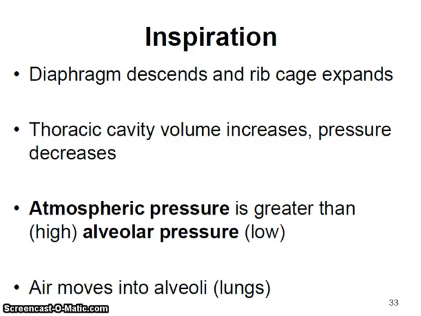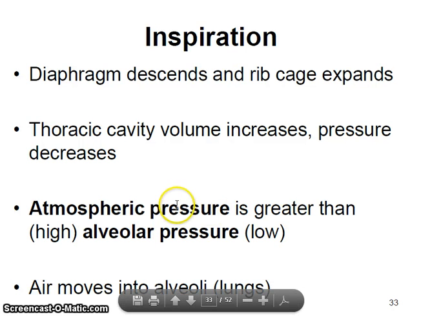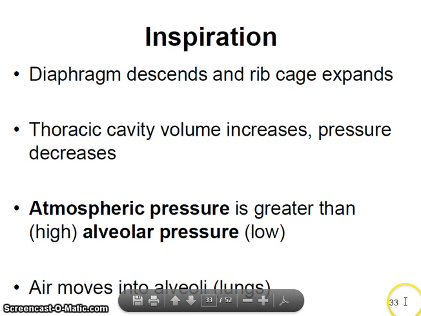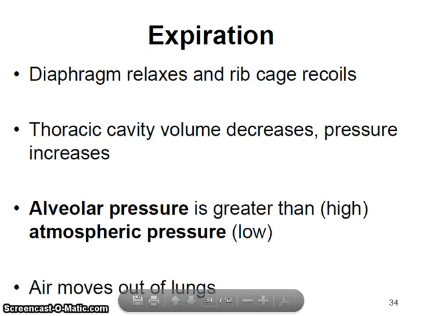I explained that a bit before. This is what happens in inspiration, and then atmospheric pressure becomes greater than alveolar pressure, and air will move in. During expiration, we talked about some of the events that occur.